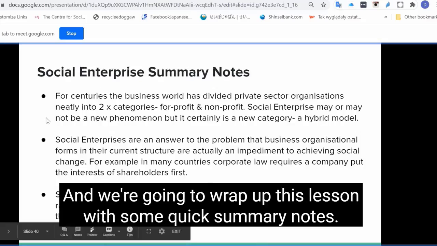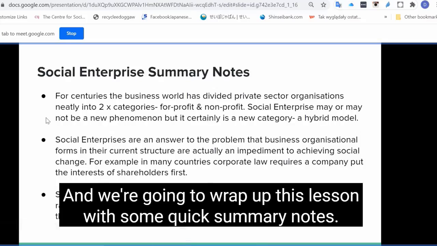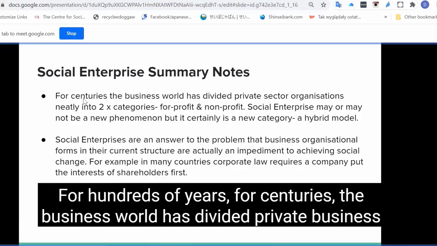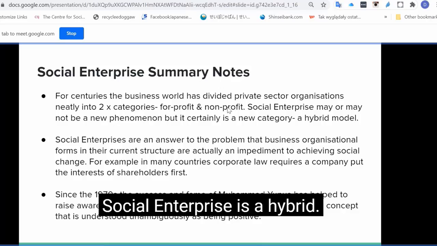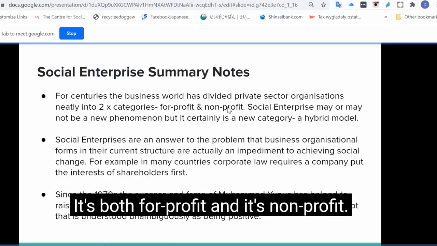And we're going to wrap up this lesson with some quick summary notes. For hundreds of years, for centuries, the business world has divided private business into two categories: for-profit and non-profit. Social enterprise is a hybrid. It's both for-profit and it's non-profit.